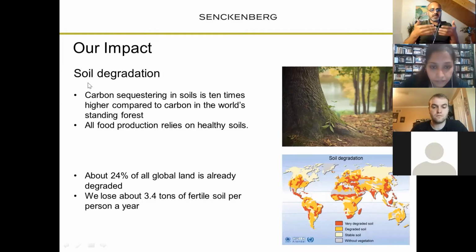And soil is another important source for the health of our ecosystem. As you see, the carbon sequestered in the soil is 10 times higher than the carbon that we see in the form of forest in the whole world. As you might know, sequestering is basically capturing.